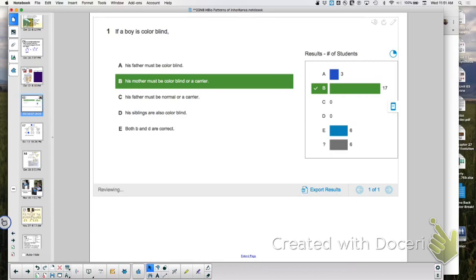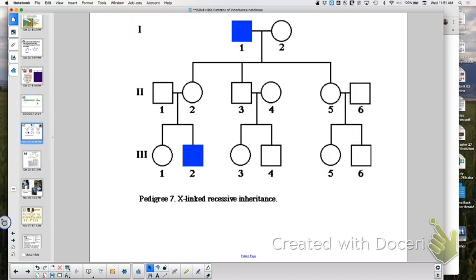Okay. When you look at pedigrees, this is a good example of a pedigree for somebody who's colorblind. Again, the first thing I look at when I look at a pedigree is, are there a lot of it or a little of it that have the disease? In this case, is there a lot of it or a little of it? Little of it. So if it's a little of it, the next thing I need to ask is is it autosomal recessive or is it sex-linked recessive?